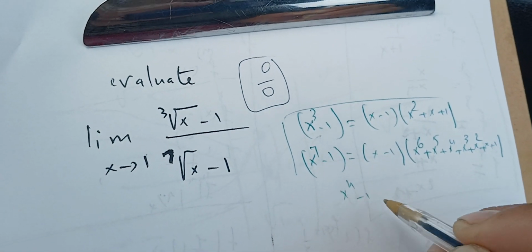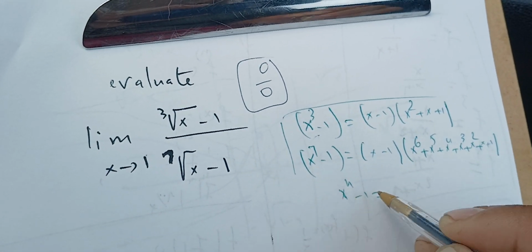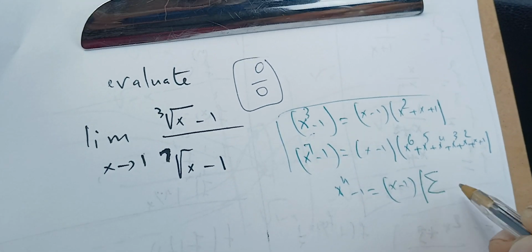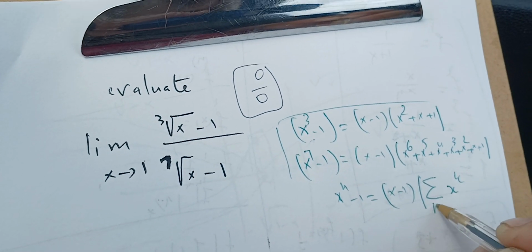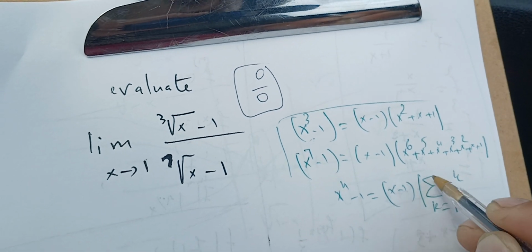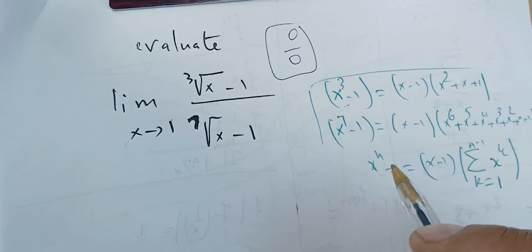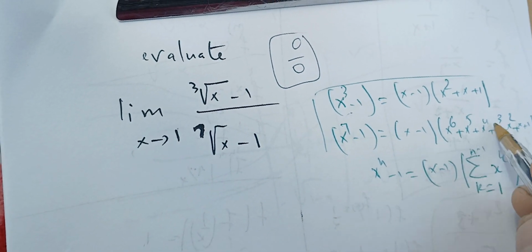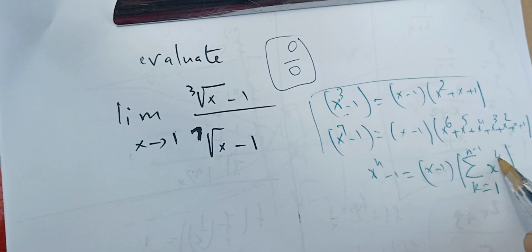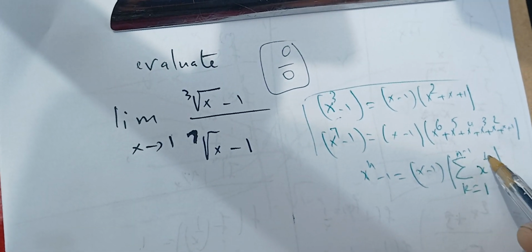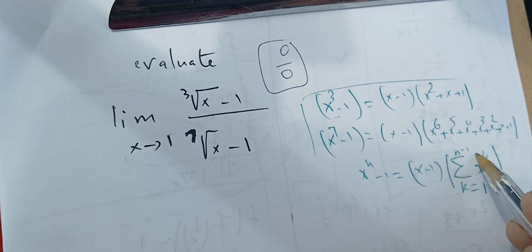In general, we have x to the power n minus 1 is x minus 1 times the sum of x to the power k, with k going from 0 to n minus 1. The sigma is just saying that we sum the powers of x, with the power k going up to n minus 1.